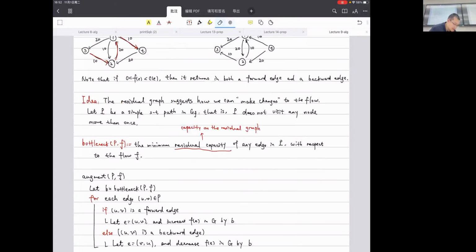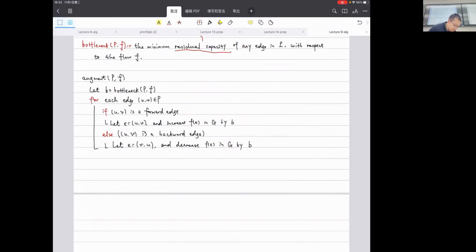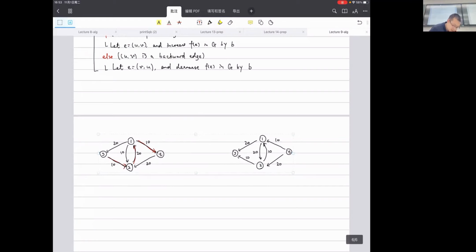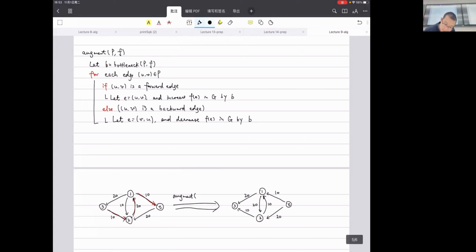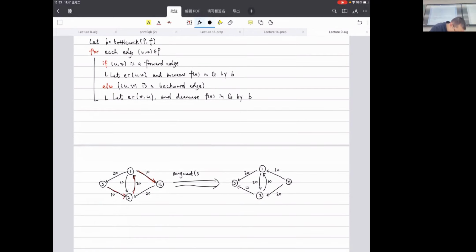Let's do a showcase here for this residual graph. In this very specific example, the path P is just S, 2, 1, T, and the F is the flow on the left hand side.